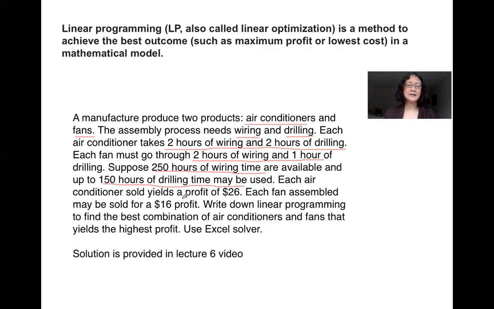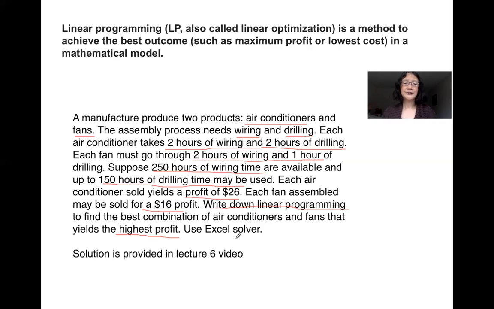Each air conditioner yields a profit of $26. Each fan may be sold for $16 profit. Now write down the linear programming to find the best combination of air conditioners and fans that yields the highest profit. And finally, you are asked to use Excel Solver to solve this problem.